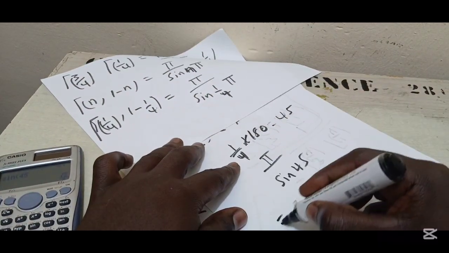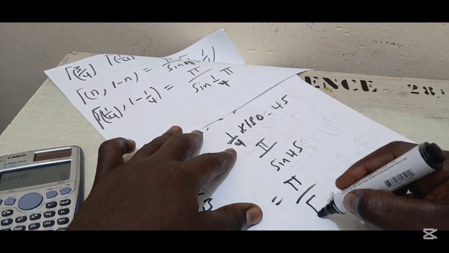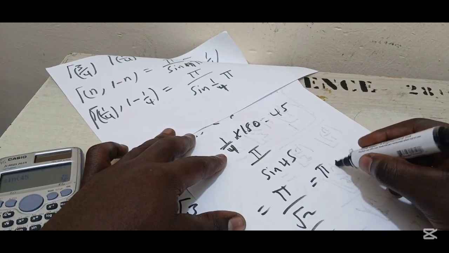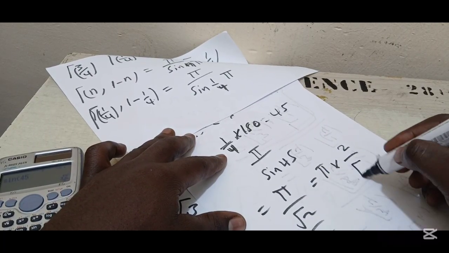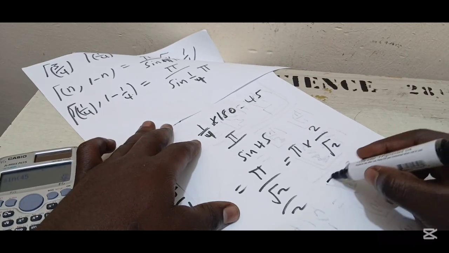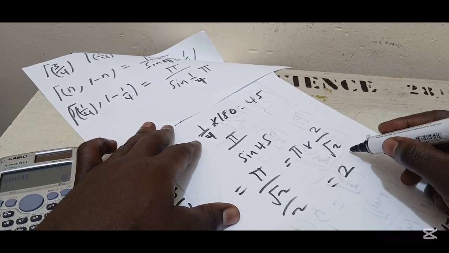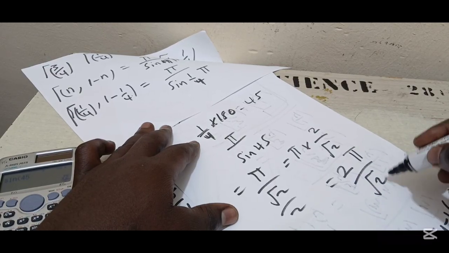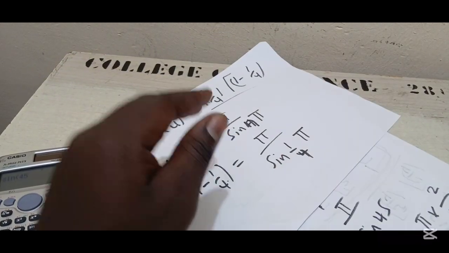So this is going to give us pi on root 2 on 2, which is the same as pi multiplied by 2 on root 2. So this is going to give us 2 pi on root 2. This will be our final answer for this.